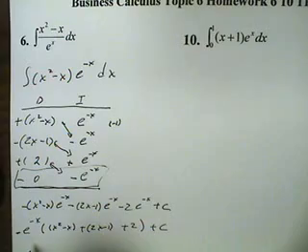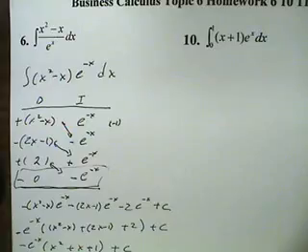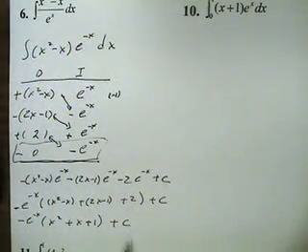Okay, this will simplify to negative e to the negative x, and we'll get x squared. Negative x and positive 2x will give me positive x. And the negative 1 and the 2 will give me a positive 1. And then plus c. And this will be my final result.